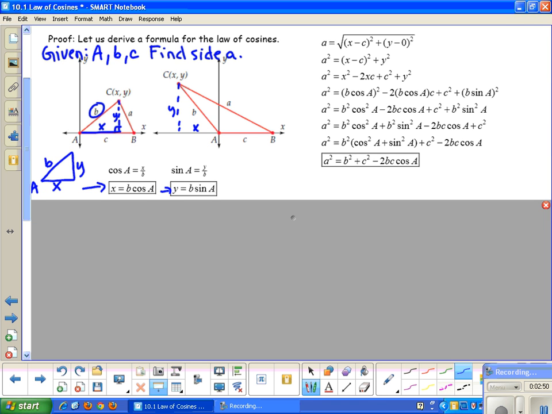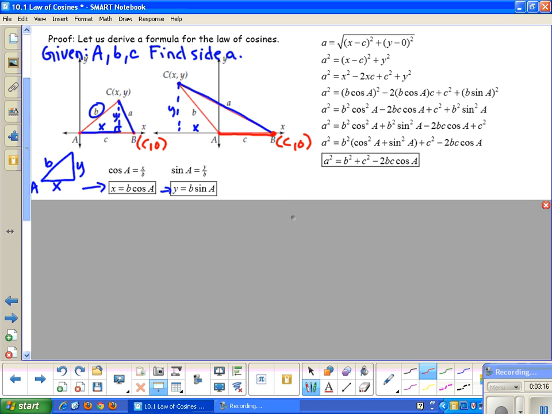But what we do know is we can use the distance formula, where you subtract the two points. If I wanted to find this length here, which is side a, I know that C is the point x, y. Then I also know that this point right here is really a length of c, comma, height of 0, so I can use this as c, comma, 0.